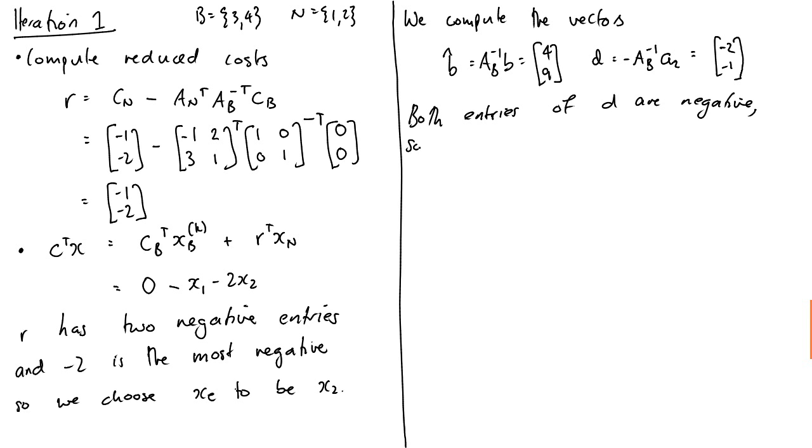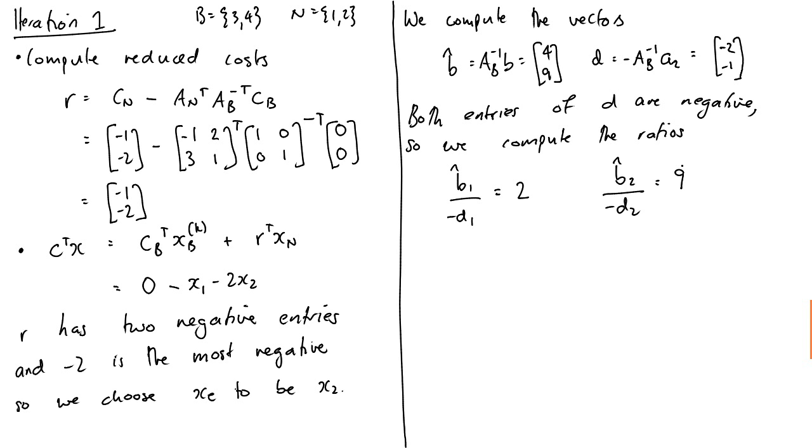So we compute both ratios. b hat 1 over negative d1, well, that just gives us 2. And b hat 2 over negative d2. That gives us 9 over 1, which equals 9.